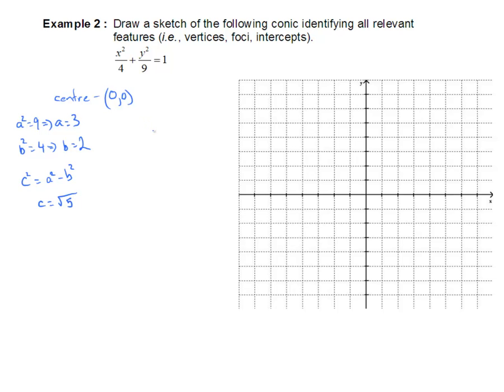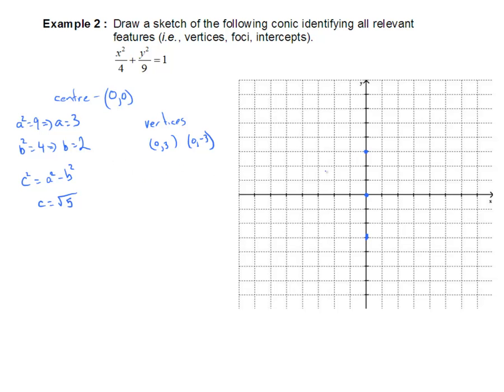So let's start with the vertices, they're easier. The vertices are from the center, a units in the direction it's opening, so this is y, so 1, 2, 3. So there's one vertex, and 1, 2, 3, there's the other vertex. A spaces away from the center, so that's 0, 3, and 0, minus 3.